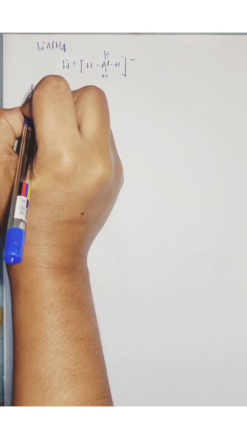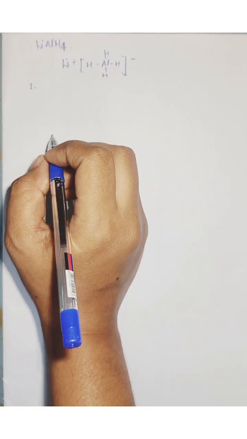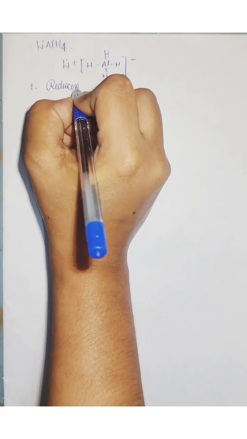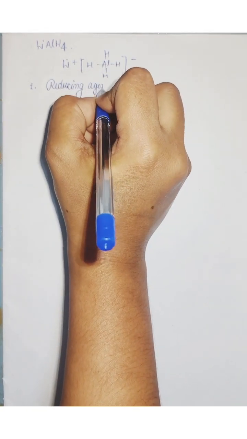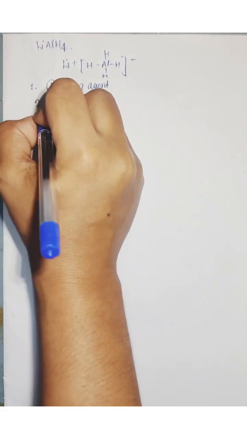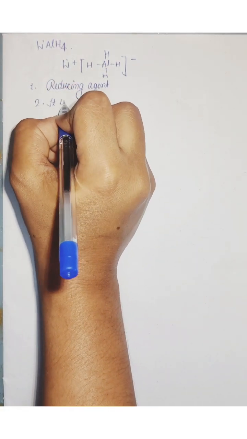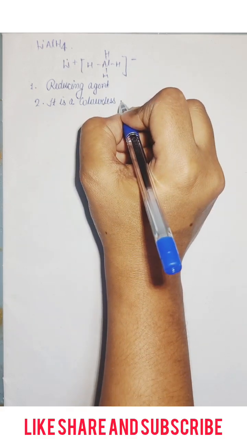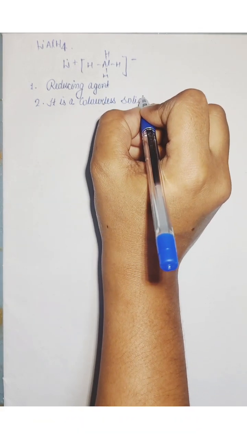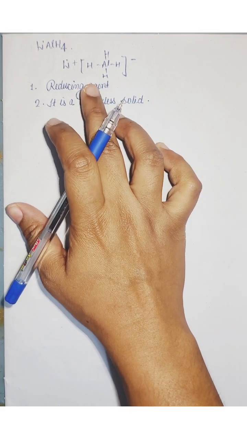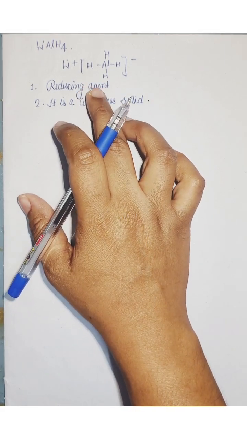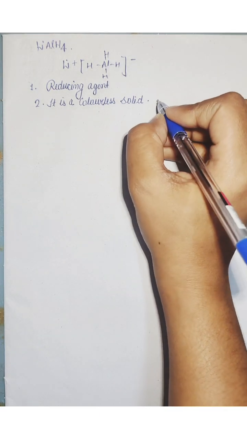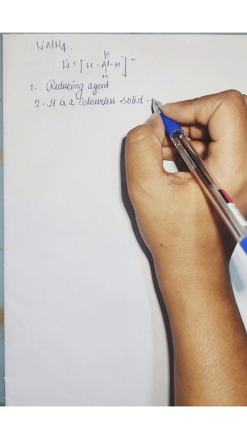Our first feature is that lithium aluminum hydride is the most powerful reducing agent. Second feature is that it is a colorless solid. When we use LiAlH4, the solvent used with it is dry ether because it violently reacts with water.